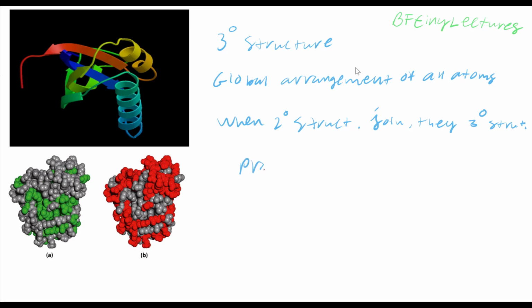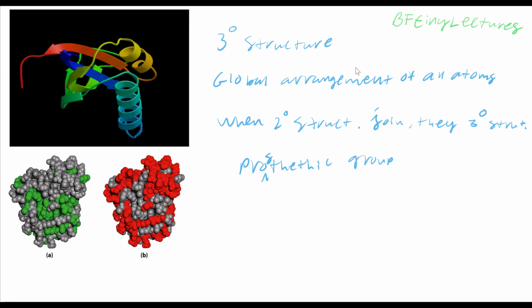Prosthetic. So a prosthetic group is essentially a protein structure that has a small organic molecule next to it, okay? Or it can have a metal ion next to it. So for instance, you can have a protein group with a potassium ion next to it, and that would be called a prosthetic group.